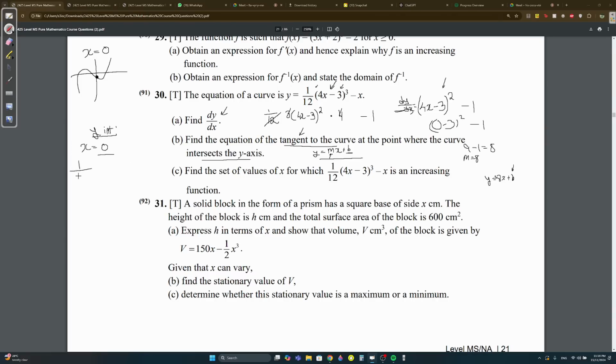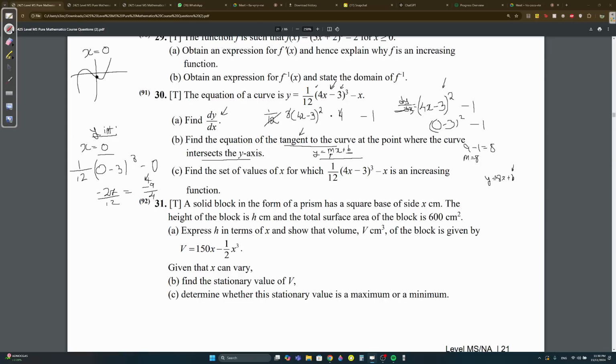So it's going to be 1 over 12, 0 minus 3 cubed, minus 0. If you put this on your calculator, I think you're going to get minus 27 over 12, which divided by 3, you're going to get minus 9 over 4.